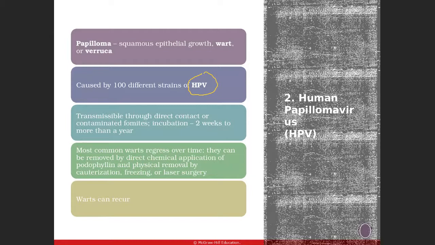The most common type of infection is called the common warts, which is a type of skin infection. And this wart can recur. It means the virus stays dormant inside our body, and it can recur after we are able to remove these common warts from our skin.